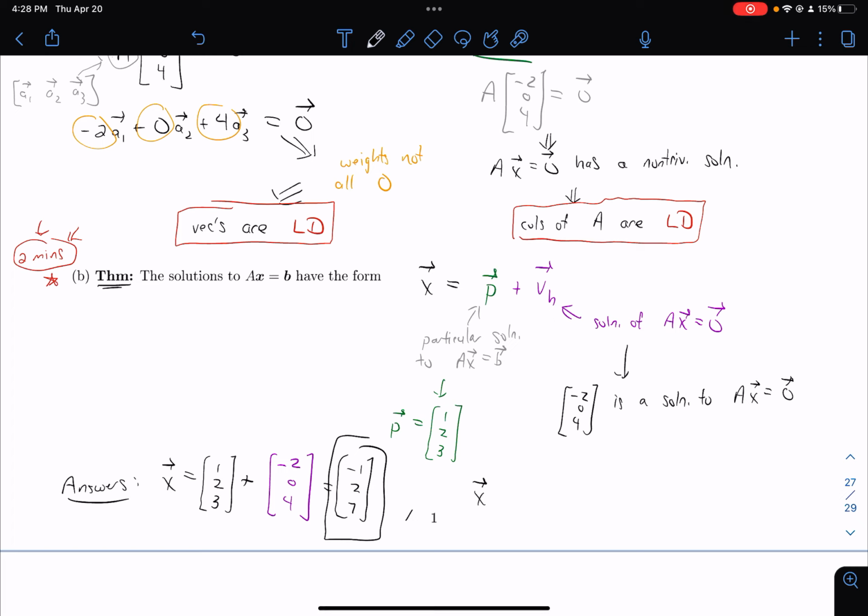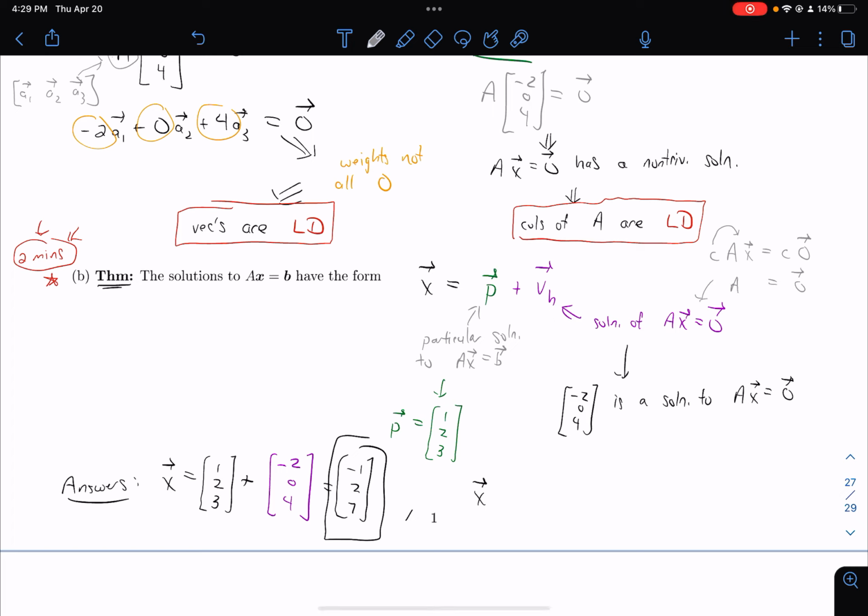If I have 1 solution to Ax equals 0, this vector (-2, 0, 4), I could multiply both sides by a constant, let me call it c: cAx, and on the right as well, c times 0. Something times 0 is just the 0 vector. On the left-hand side, I can pull the constant inside. That's one of the properties of a linear transformation.